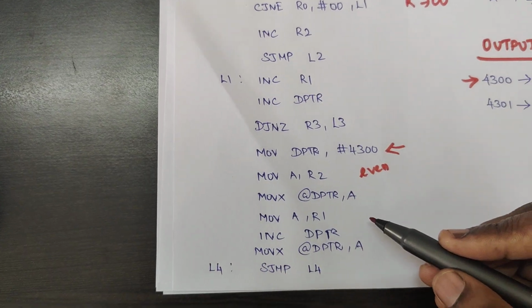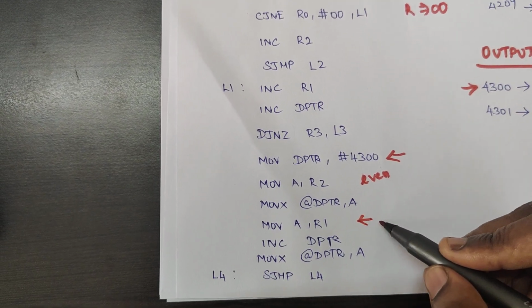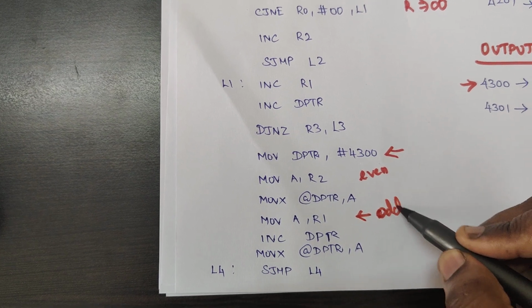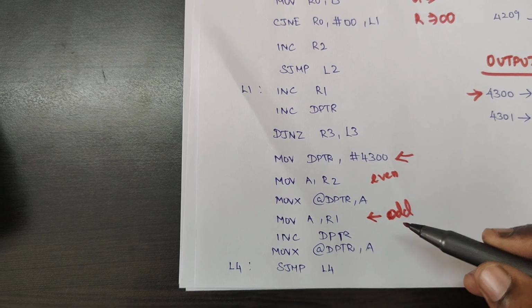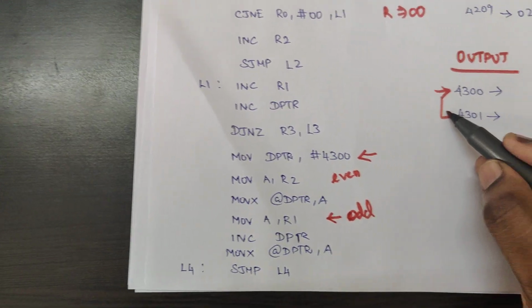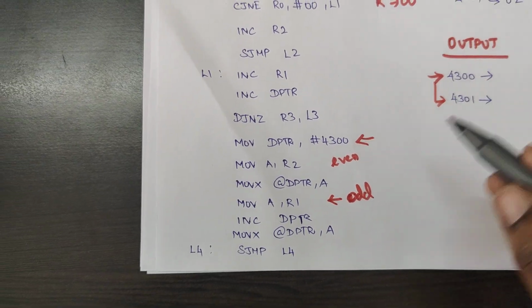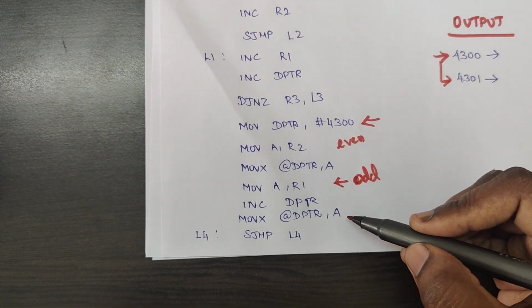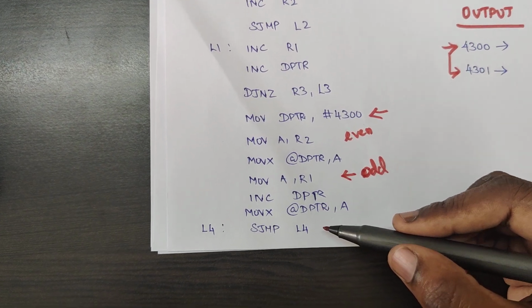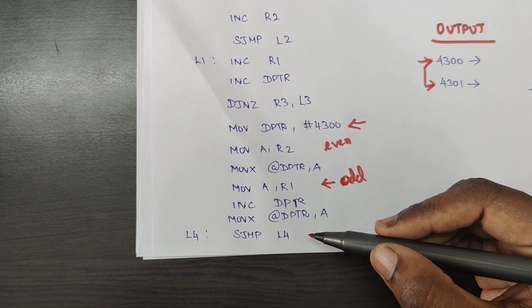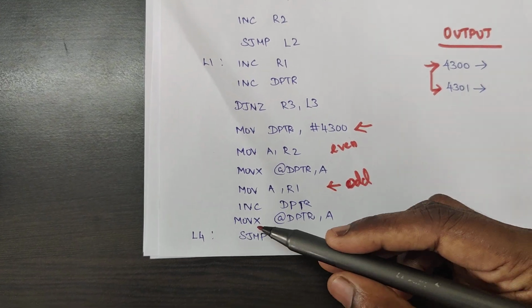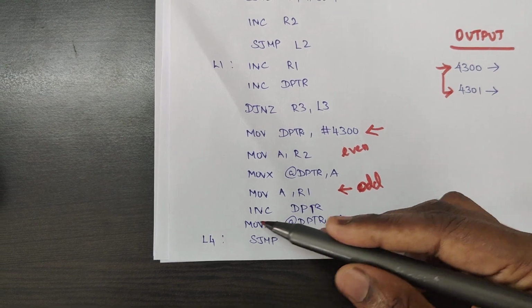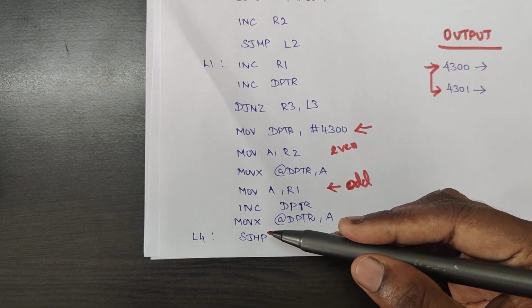The odd count is stored in the R1 register. Move the count to your A register, increment your pointer to move to the next address 4301, and after incrementing, move the content of A to the data pointer. For 8051 we don't have any halt instruction, so instead I am using SJMP, which jumps within itself so that the particular instruction is executed again and again.